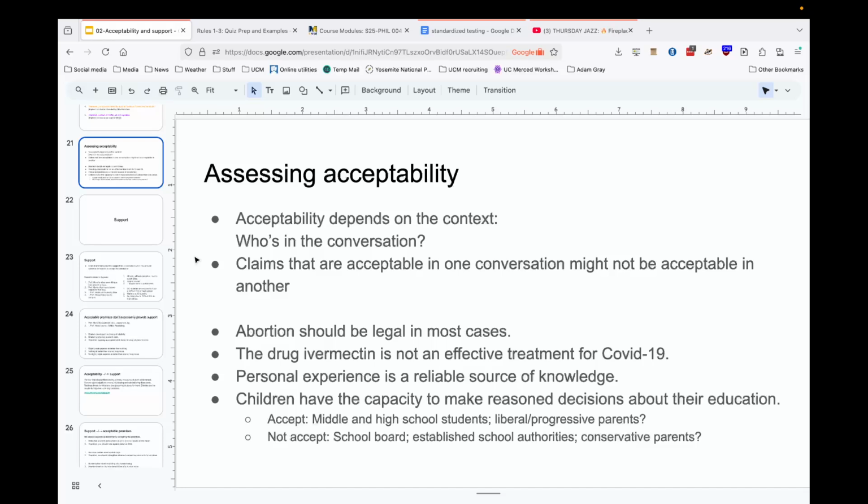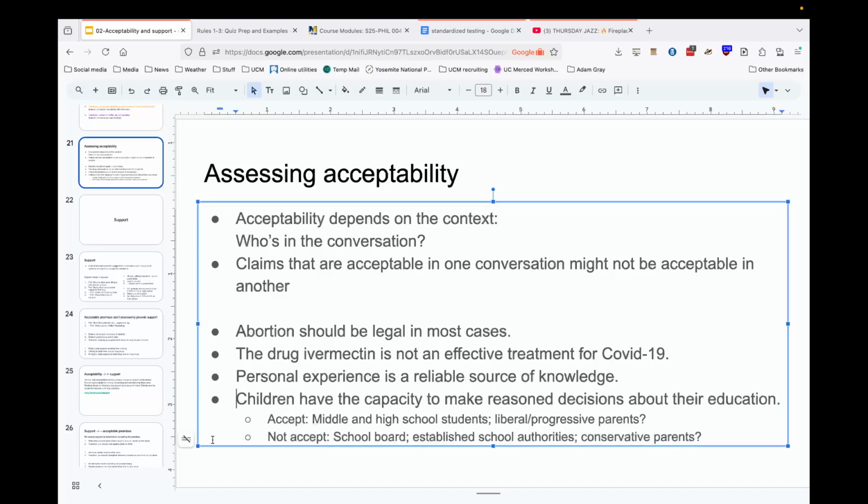We recognize that acceptability depends on the context, who is involved in this particular conversation, because acceptability is about whether everyone in the conversation has a good reason to accept the claim. So claims that are acceptable in one conversation might not be acceptable in another, depending on who's involved. And we looked at this one example here.